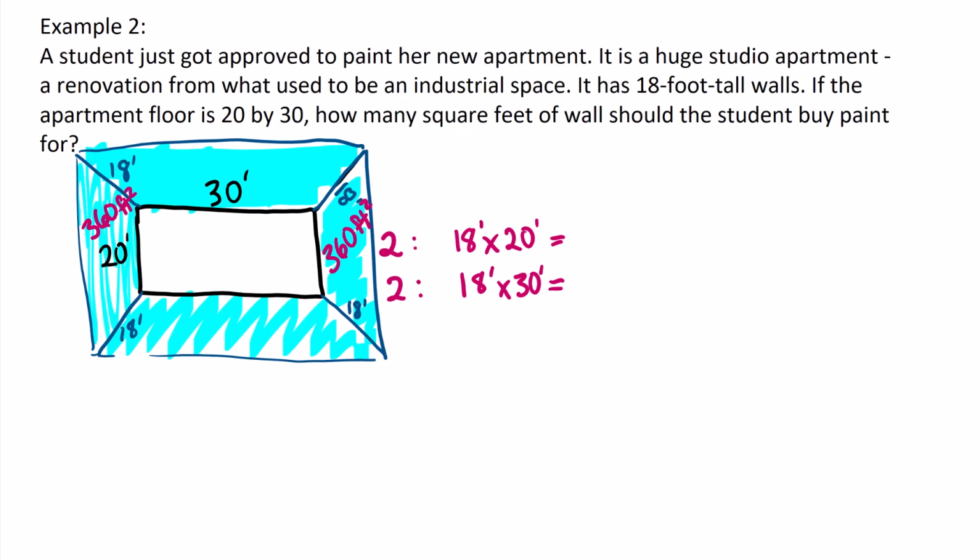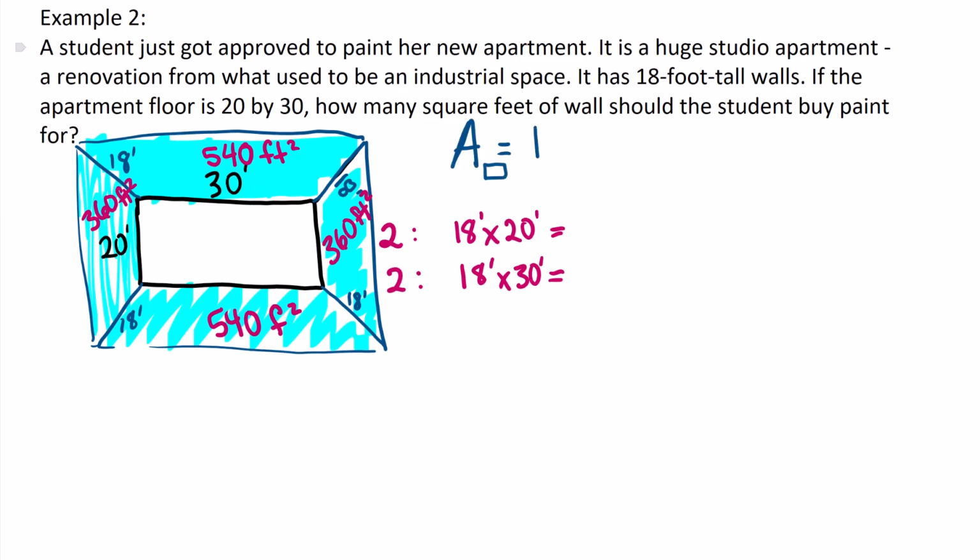And then the 18 by 30 walls, those are 540 square feet. So now I need to add those all up. Now remember, this is only possible if we remember that the area of a rectangle is length times width. So I'm just multiplying the length by the width and getting the area.